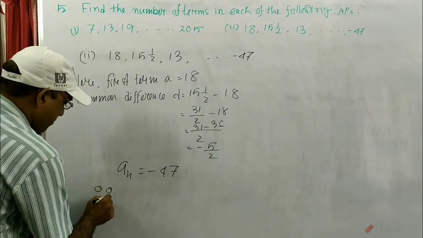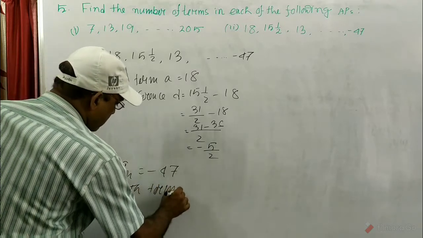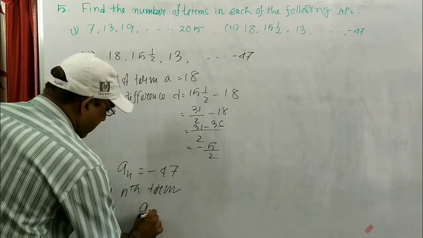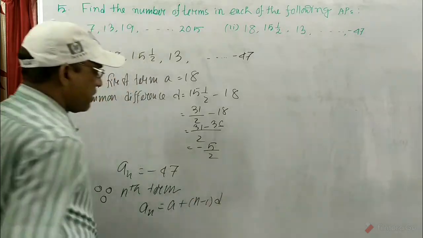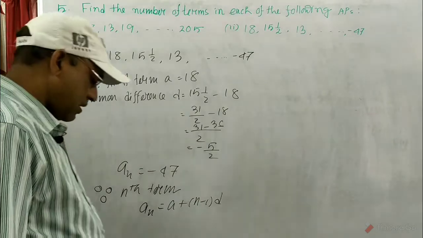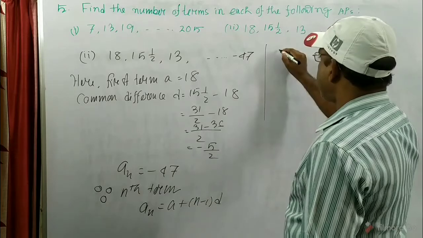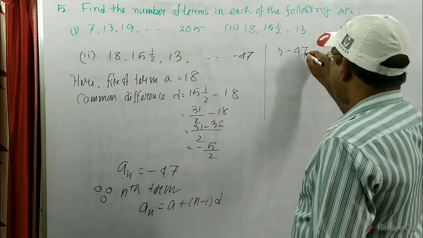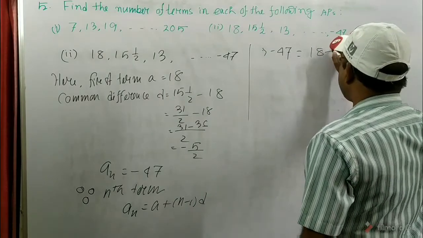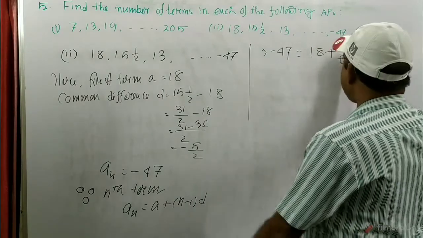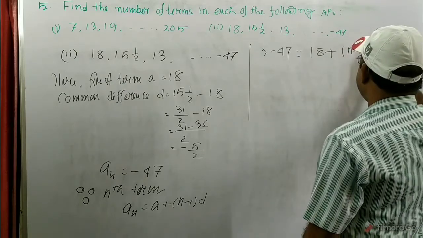Since the nth term, or general term, an equals a plus (n minus 1) times d. Putting the values, an means minus 47, a means 18, plus (n minus 1) remains the same, d means minus 5 by 2.